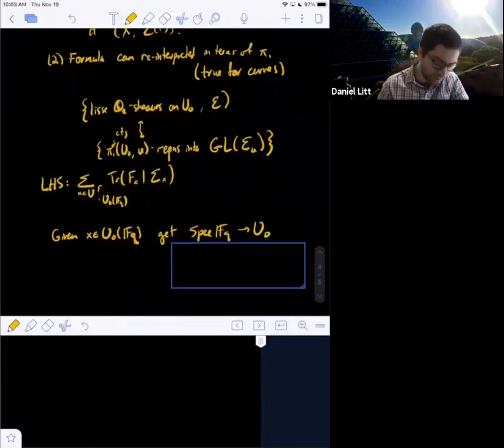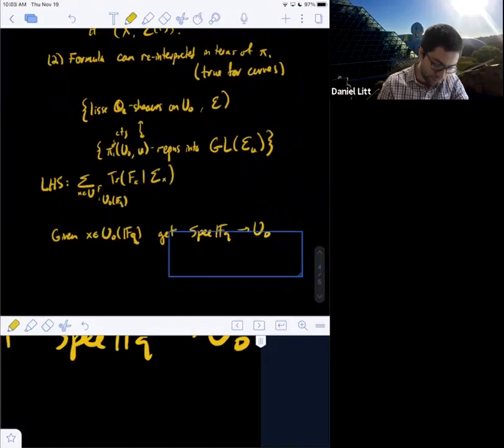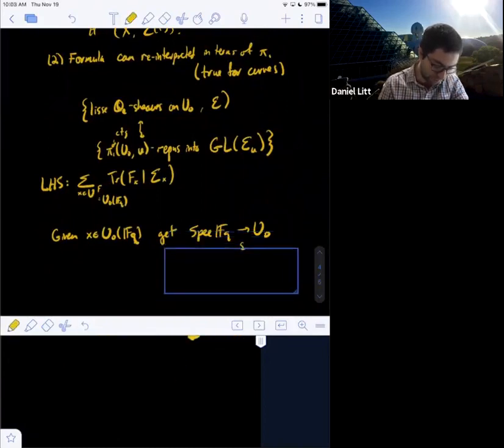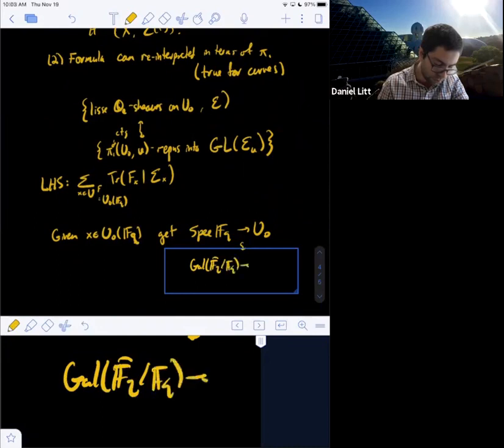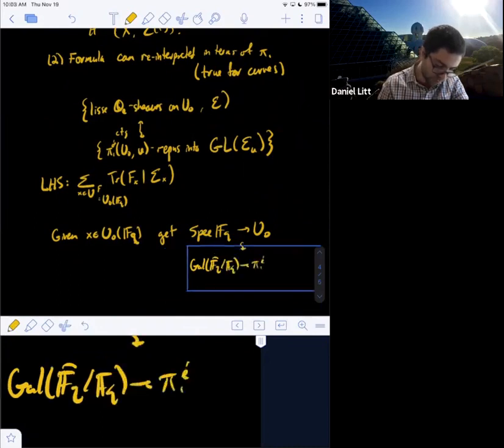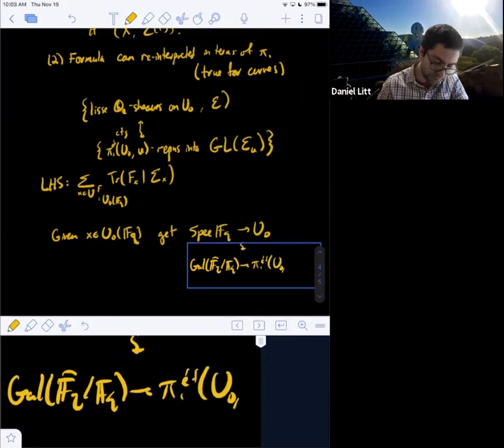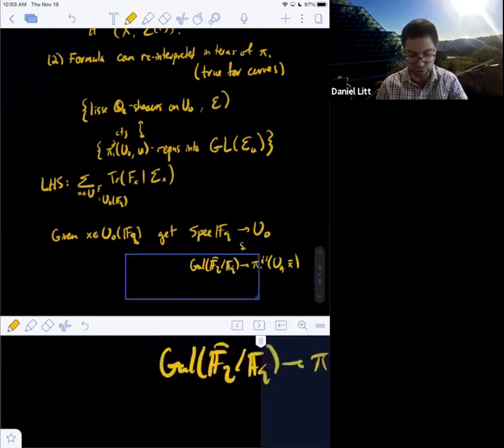And given this data, we get a map on pi1s, from the pi1 of spec FQ, which is just the absolute Galois group of FQ, to the Etale pi1 of U naught. Well, not with base point U, but with a base point, a geometric point lying over x bar.